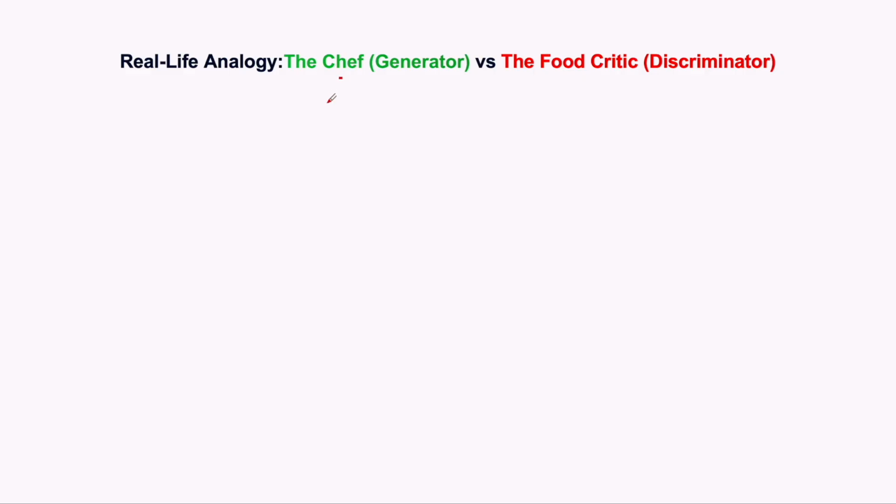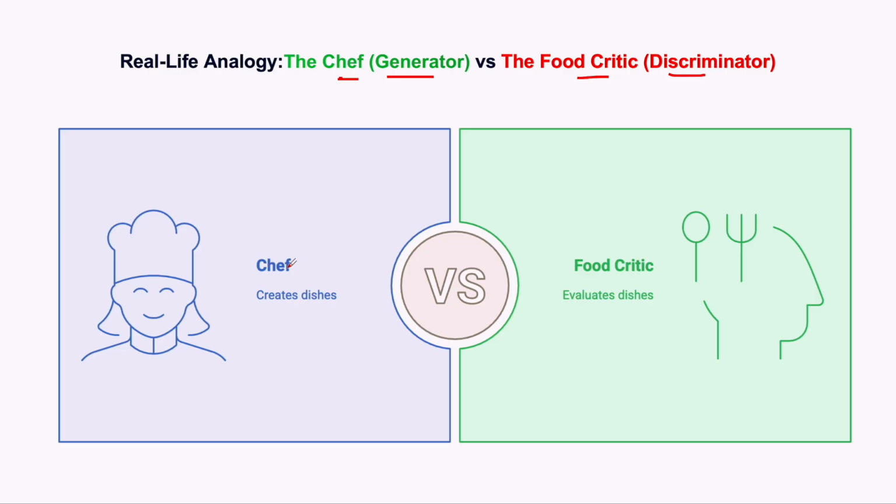Let us understand GAN with a real life analogy. Imagine there is a chef who creates the dishes, who is the generator, and there is a food critic who evaluates the dishes. The chef tries to recreate the dishes from a famous restaurant. Here, the food critic tastes each dish and decides whether it is from the real restaurant or not.